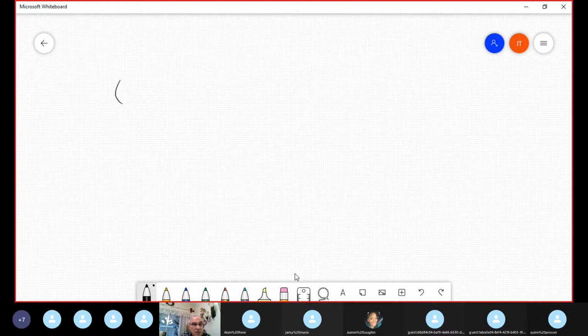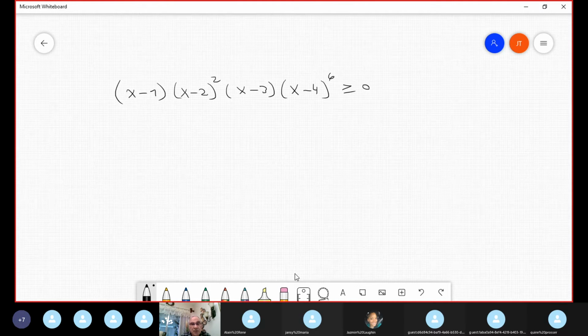Suppose that we have this example. x minus 1, x minus 2 squared, x minus 3, and x minus 4 raised to the 6th power, greater than or equal to 0. Suppose that you face that problem. The exponents are even. Totally delete or partial delete? Totally delete.